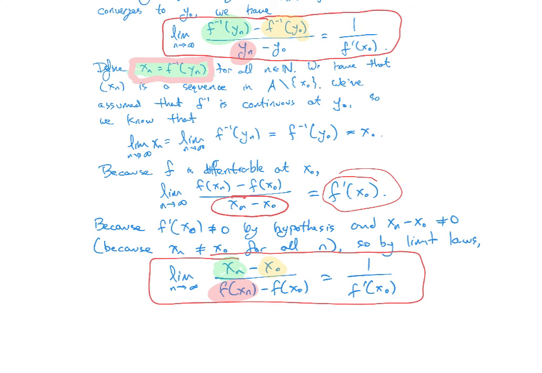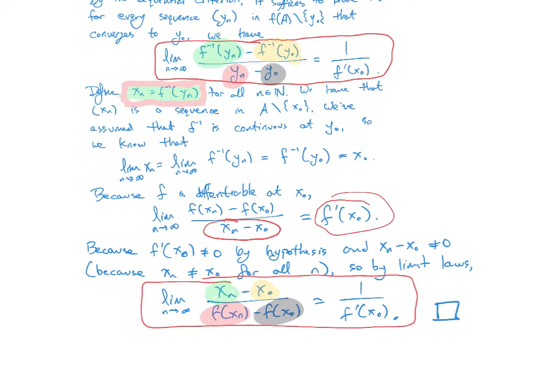And again, f of x naught is y naught. So not only did we show the limit existed, we showed that it equals what we wanted it to equal.